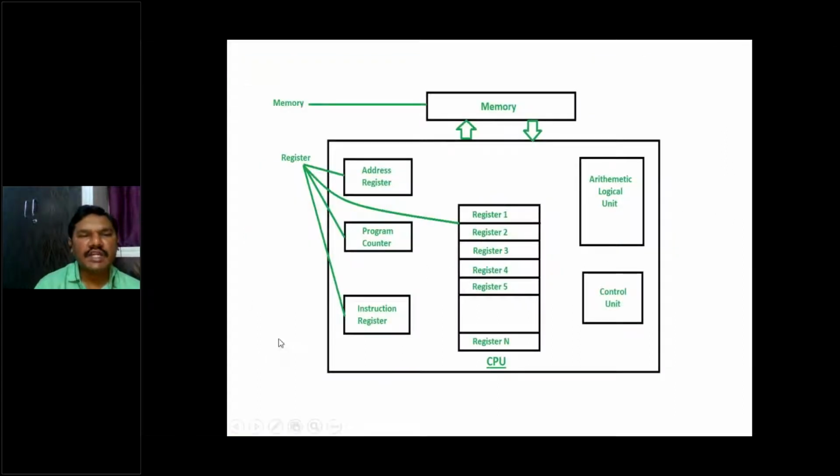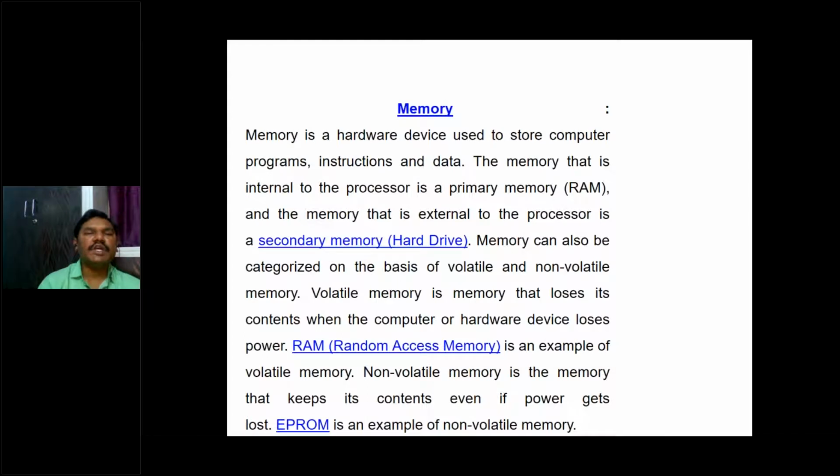Here you can see the processor inside. It has an arithmetic unit, a control unit, and some register set. This is what we call the register, and memory is used to store permanent data outside of the processor. You know that memory is a hardware device used to store computer programs, instructions, and data.